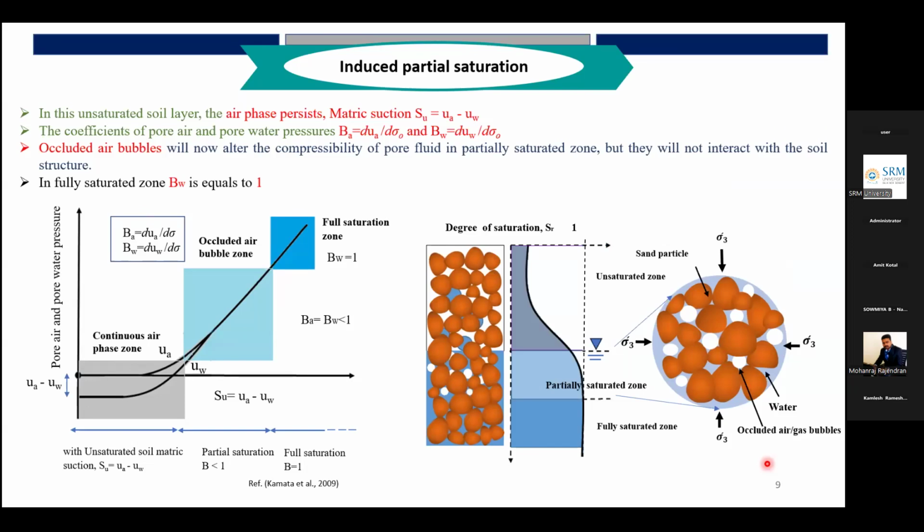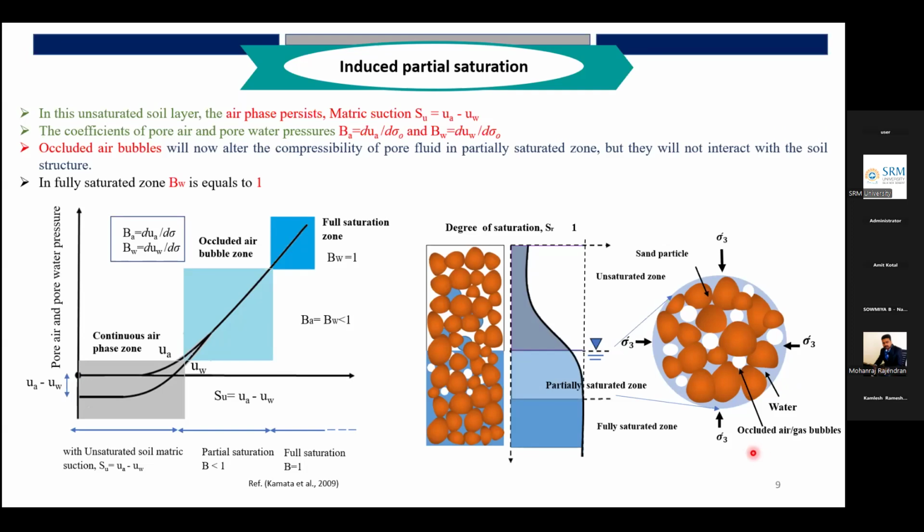Some of you are very much aware of the mechanism of saturated, unsaturated, fully saturated, partially saturated strength mobilization. I'll just briefly explain what is happening from the saturated state to the unsaturated state, and from unsaturated to saturated, how the strength mobilization takes place, and what benefits we are getting from a soil mechanics point of view.